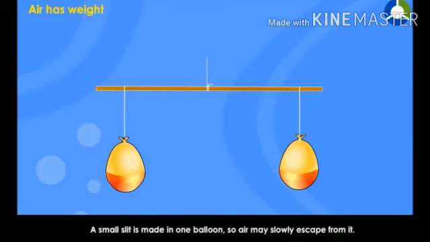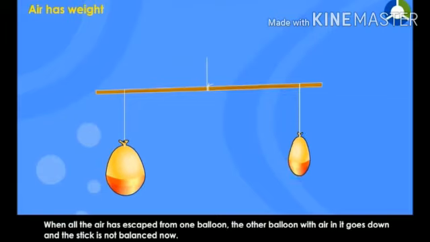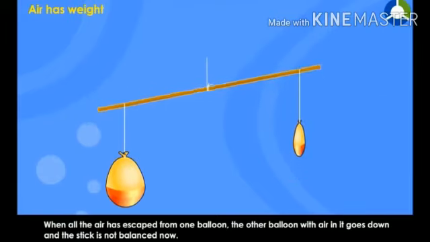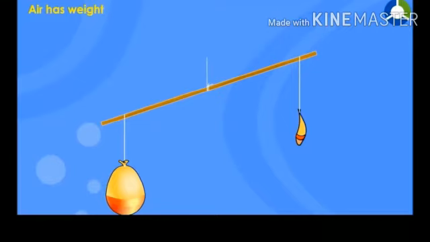A small slit is made in one balloon so air may slowly escape from it. When all the air has escaped from one balloon, the other balloon with air in it goes down and the stick is not balanced now. From this, we can conclude that air has weight.